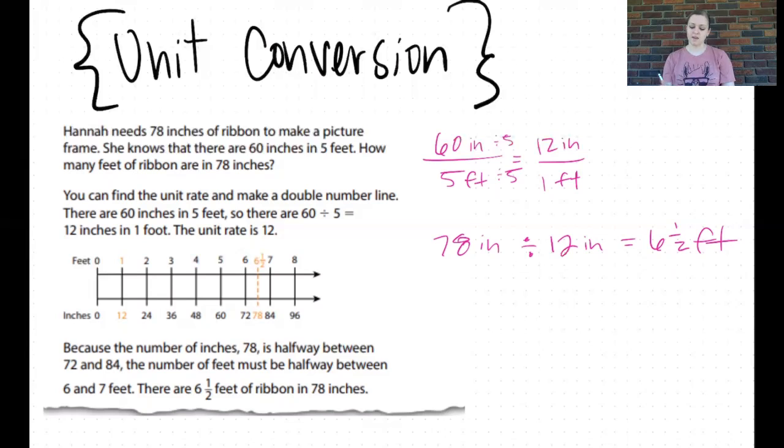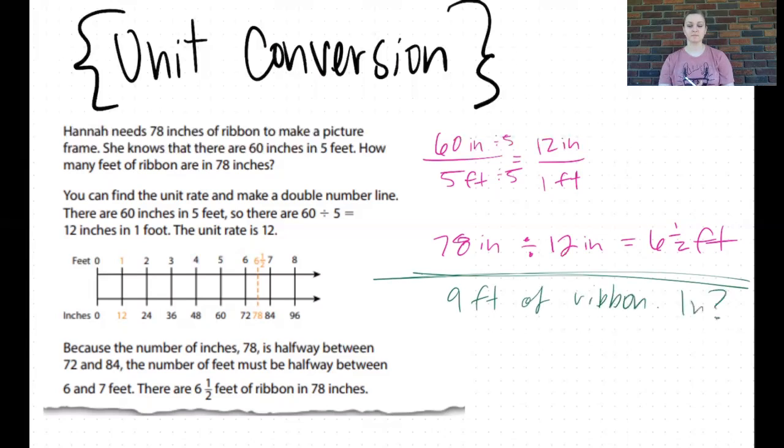Now, conversely, if we wanted to know, how many inches are in 9 feet of ribbon? How many inches is that? I would have to do the opposite. Well, this is 9 feet, and there's 12 inches in 1 foot, right?